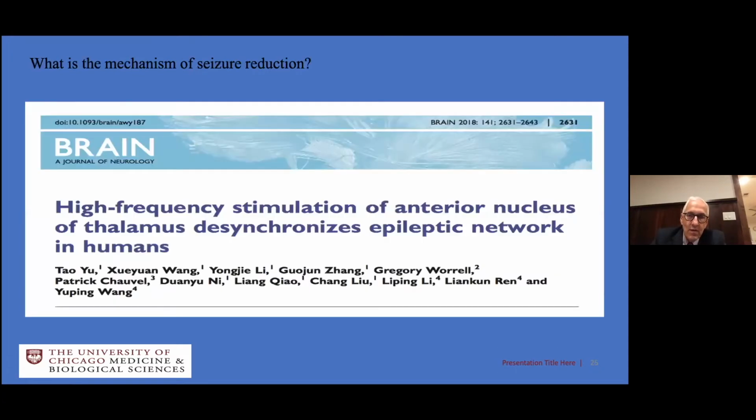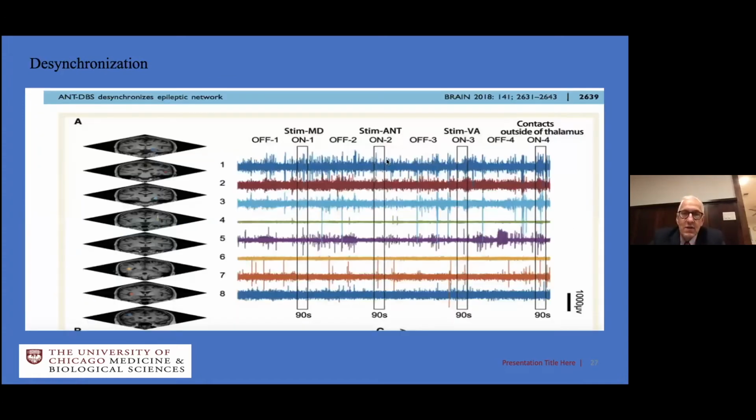And this paper shows how and why it works, because this study was done in 2015 and just reported on the clinical outcome data. Which network and why and how it was modified was published in this paper in Brain in 2018. What you can see is if you look at stimulation A and T, that's the area where the electrode is, versus stimulation in other areas where they also put electrodes.